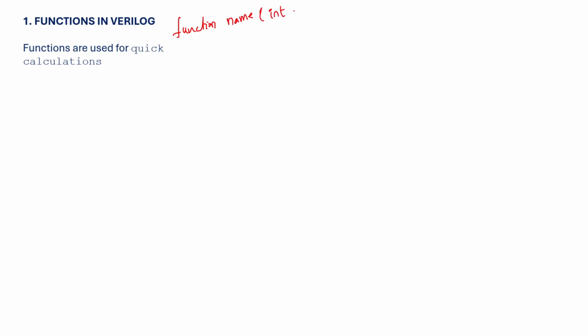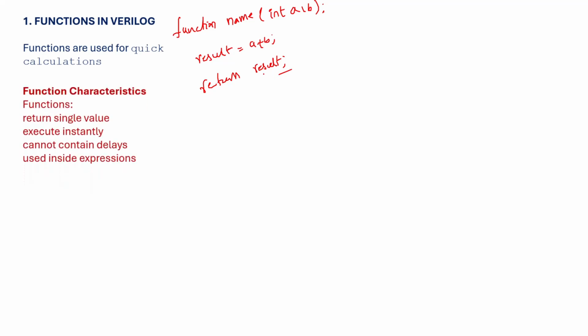Inside that you use some arguments, int a comma b. Then result equals a plus b, and then return result. This result will come. That is the function.